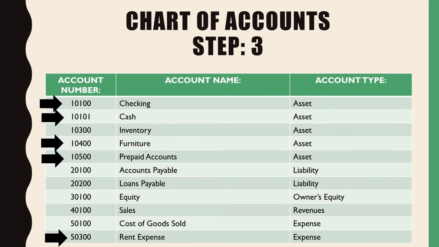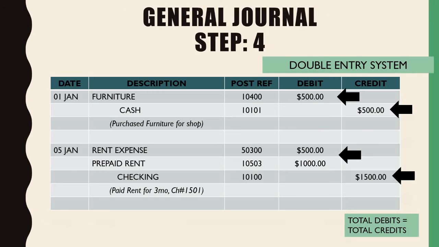That comes from your actual business chart of accounts. So once we identify the account itself, we're going to reference it by putting in the account number. So that's why here my chart of accounts has all the following. It's got the checking, it's got the rent expense, it's got the furniture, and so on and so forth. Right? And that's what we're going to plug into my post reference.